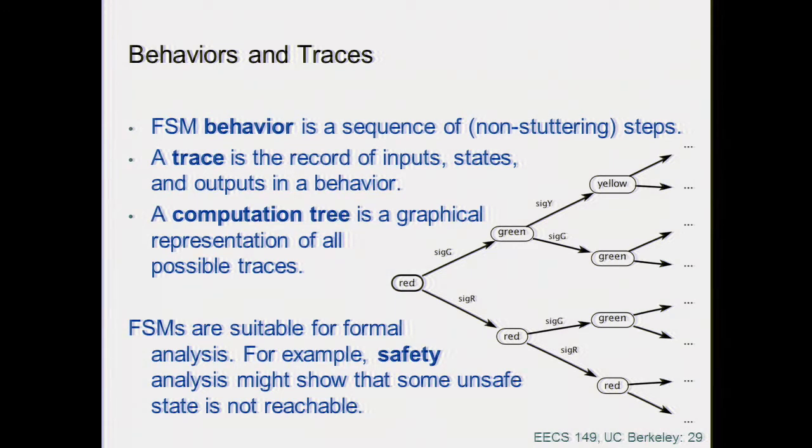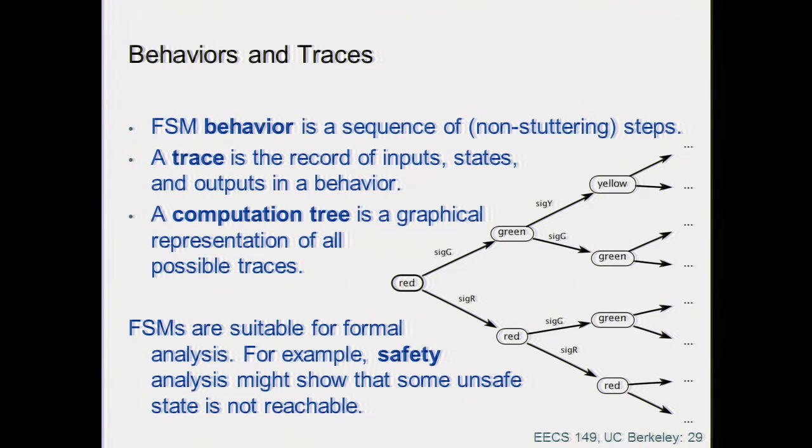Now, finite state machines are in general very good, especially when it comes to checking safety properties. Safety properties mean that no matter what sequence of inputs is coming in, you are not falling into a bad state. A bad state is, say, the engine blows up. That's a bad state. Or the airplane crashes. That's a very bad state.